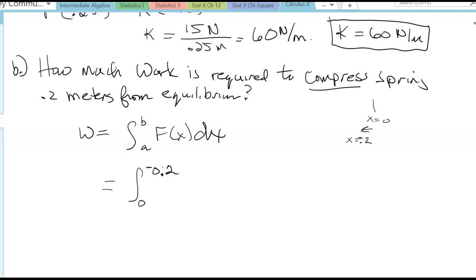You're so used to going in a certain direction, you want to make sure that your equilibrium, your initial position, is always the lower limit of your integral. And we just found our K is 60.